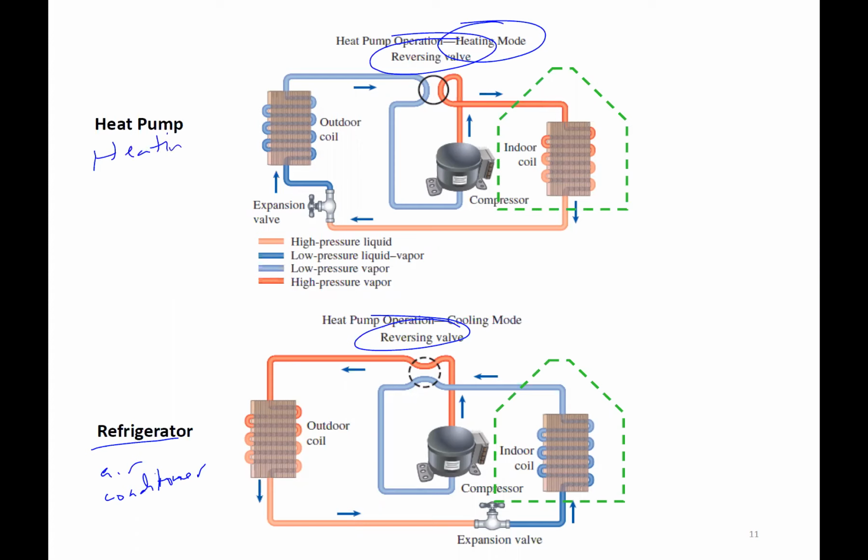So in this case, we have state one right here. We go through our compressor, which raises the pressure and temperature, and now we go through our air handler, maybe in our garage, and that is basically a heat exchanger, where now we are getting our Q_H into our air that now runs through our house, okay?